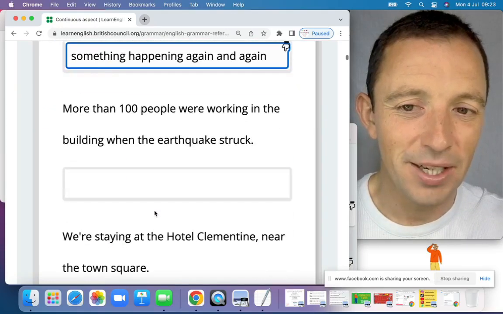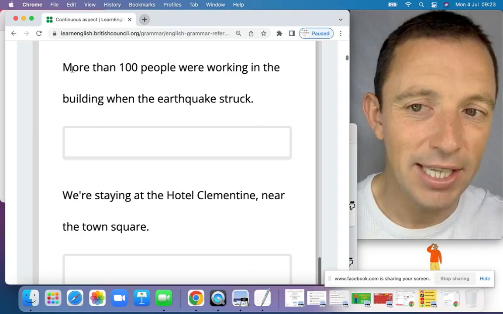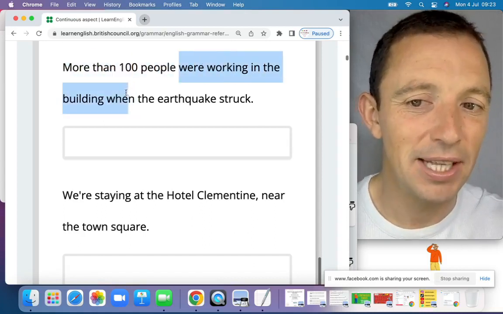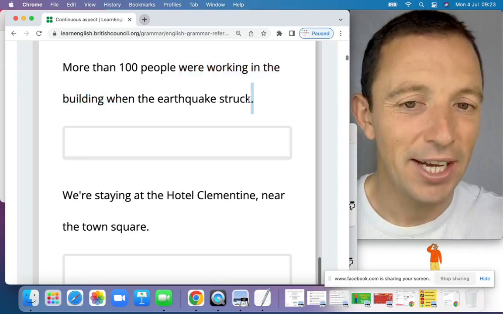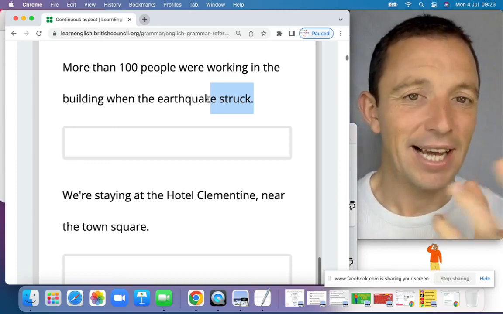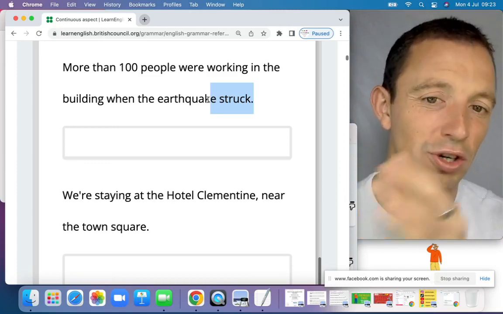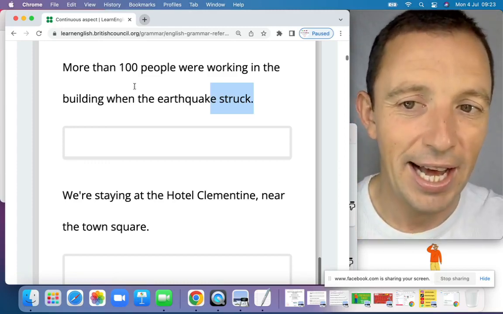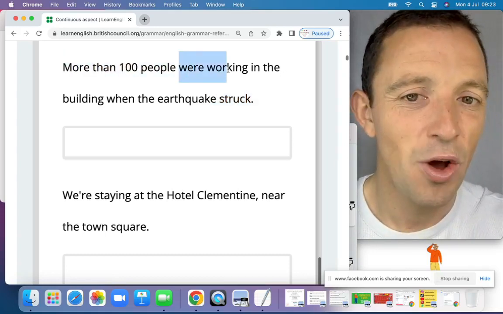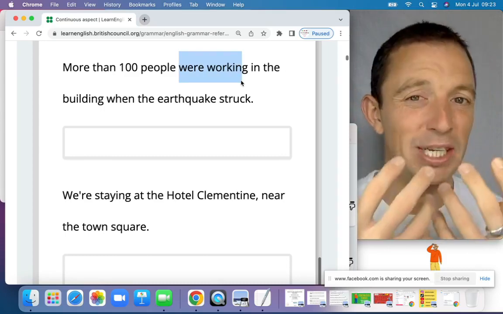Next question, comment. More than 100 people were working in the building when the earthquake struck. The verb is to strike, to impact, and the past is irregular: strike, struck. And the sentence is, more than 100 people is the subject, were working is the continuous aspect.